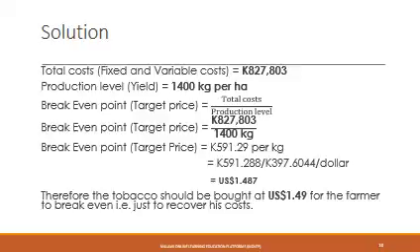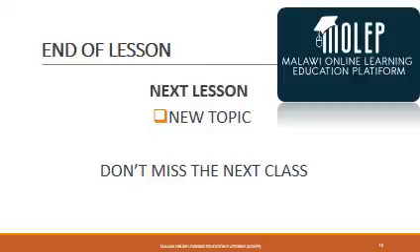So this is how we calculate break-even analysis, and this has marked the end of this topic known as farm budgets. So this marks the end of today's lesson, and we have finished this topic. Next lesson we are going to learn another new topic in agriculture.